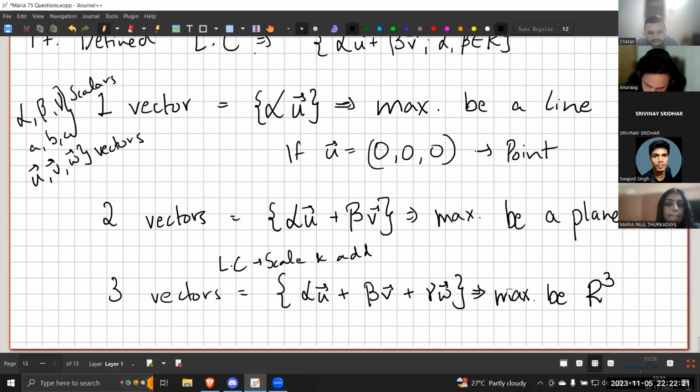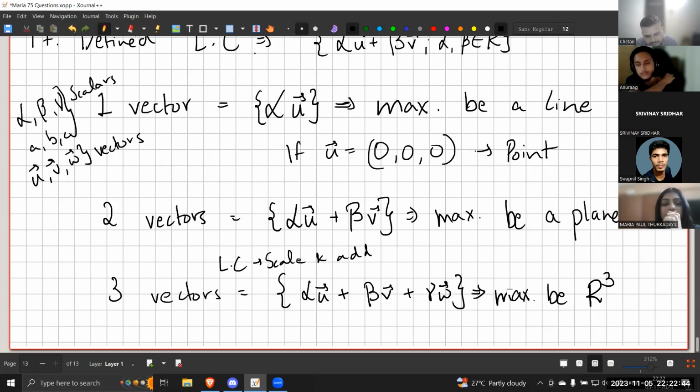So when will it be R3? When u, v, and w are all linearly independent from each other. But maybe we don't know what linearly independent is, so from first principles, what do you feel?